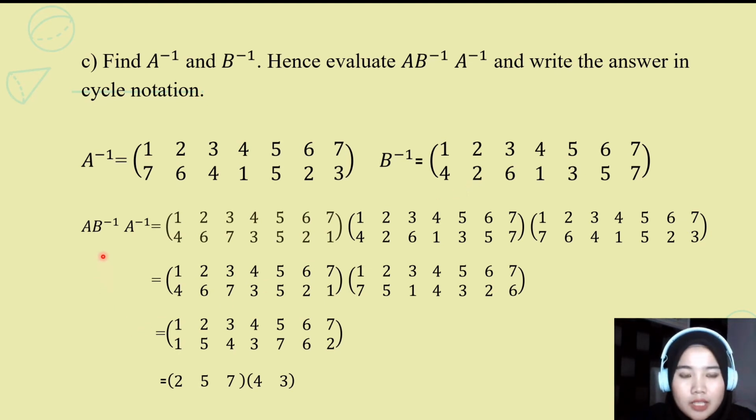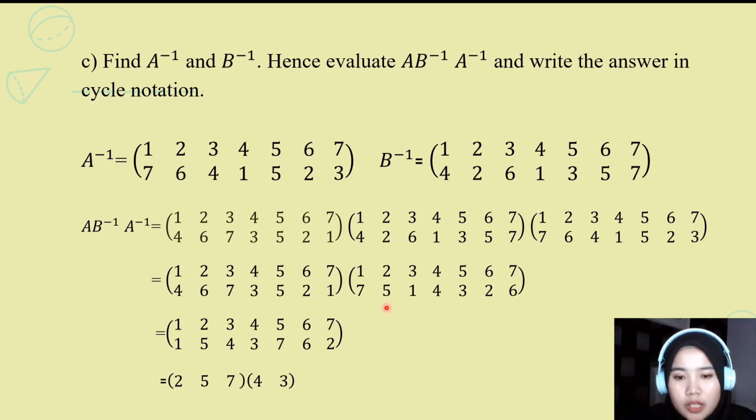Okay, next we need to evaluate A B inverse A inverse. So we write this in respective place. Then we need to multiply from backwards. So first we multiply B inverse and A inverse. We got 1 to 7, 2 to 5, 3 to 1, 4 to itself, 5 to 3, 6 to 2, and 7 to 6.